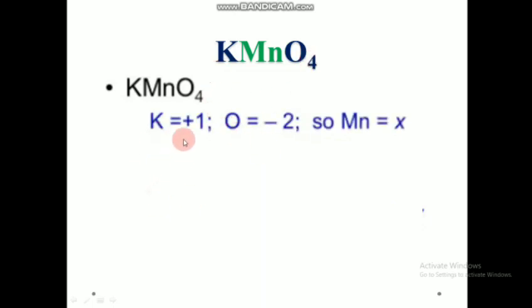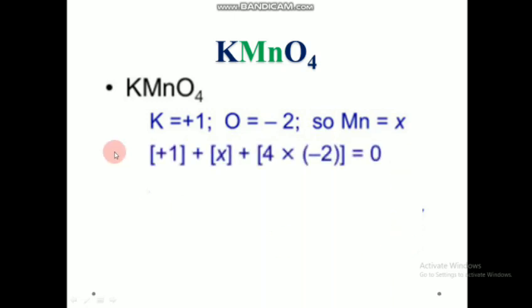So for potassium, the oxidation state is +1, and for oxygen it is -2. And we can assume the oxidation state of Mn to be X. And we are formulating an equation like this: the oxidation state of potassium, +1, plus the oxidation state of Mn, which we are assuming to be X, plus the oxidation state of oxygen.